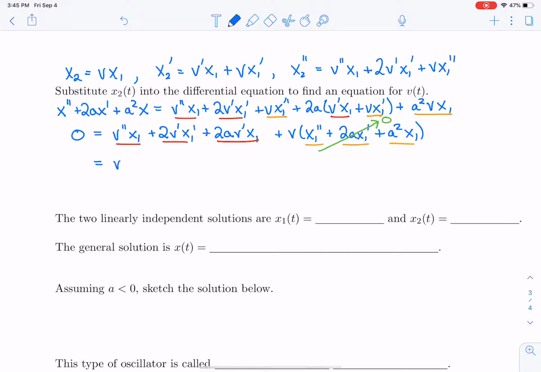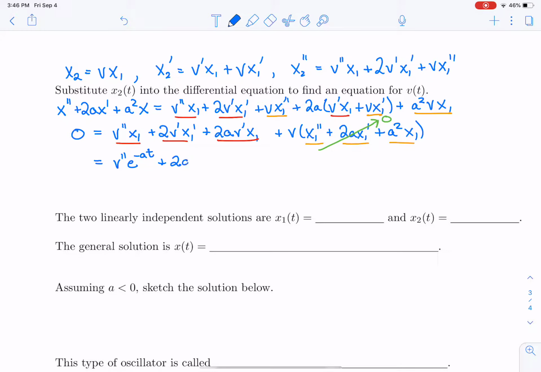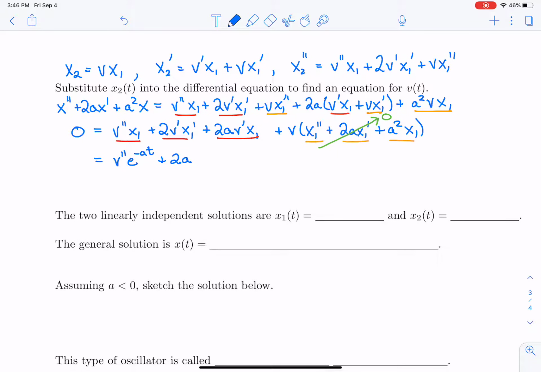So this is going to be v1 double prime, x1 is e to the minus at, plus 2a v prime, e to the minus, 2v prime times x1 prime.